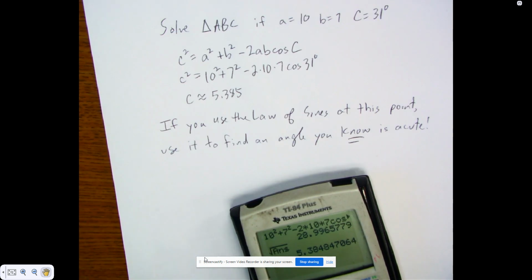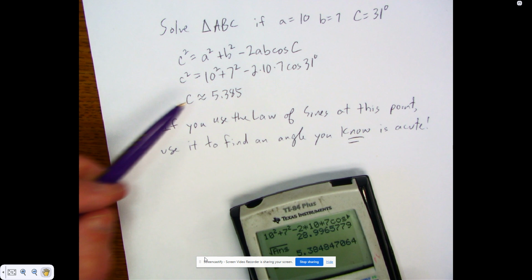You might recall that the law of sines can be a little vague with that side angle side case. You might also recall facts such as the sine of 60 degrees is the same as the sine of 120 degrees, and so your calculator doesn't know which one you want when you're looking for an obtuse angle, and so it always gives you an accurate answer when you know the angle is acute.